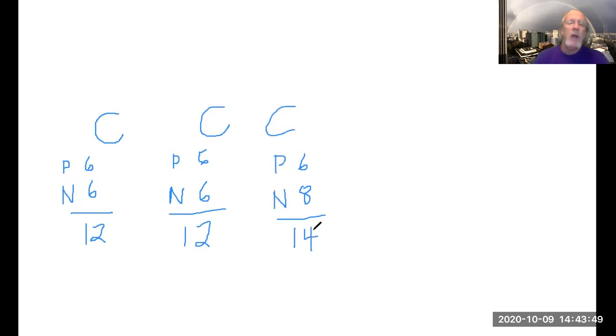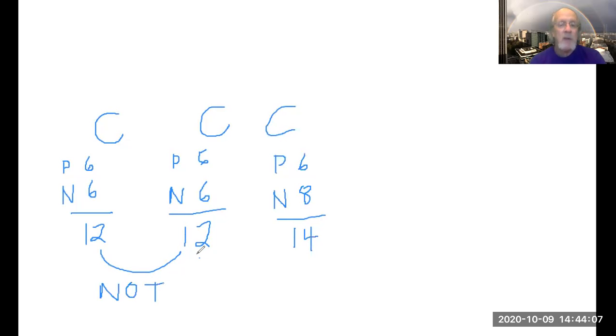All right. In this group of 3 carbon atoms that I've done, these 2 are both carbon atoms, but they have the same mass. They are not different.